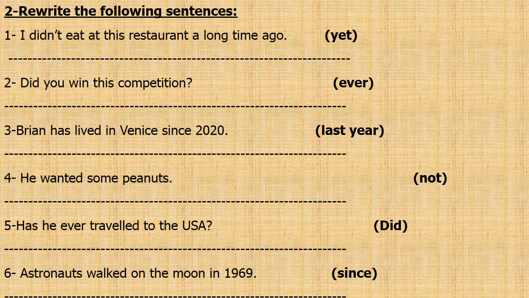Number 6, astronauts walked on the moon in 1969. This sentence in the past simple, I want you to use since present perfect. So the answer will be astronauts have walked on the moon since 1969.